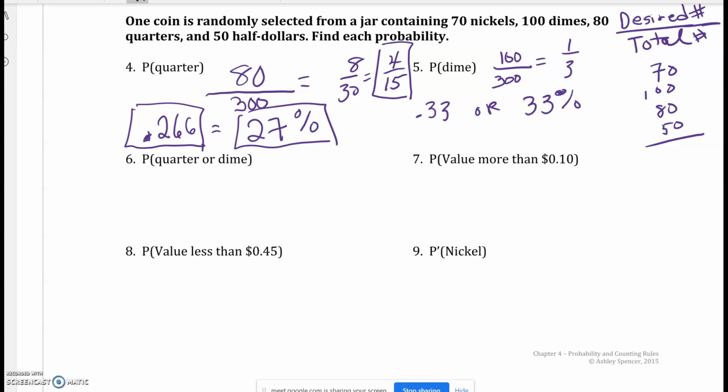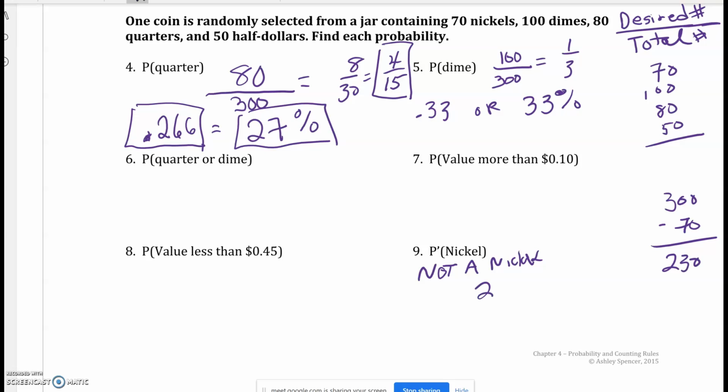This prime means not a nickel. So the P prime of nickel means what's the probability that it's not a nickel? In that case, we would take 300 and subtract 70, which would give us 230.